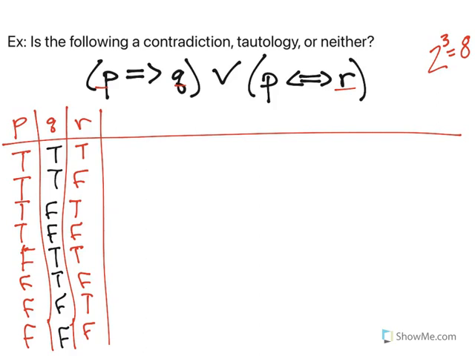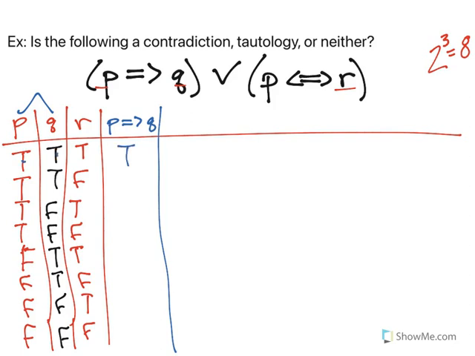Now let's think through this. I'm going to do my conditional first. If P, then Q. Remember, with a conditional, it is only false when the front is true, but the back is false. So I'm comparing P and Q. True, true.